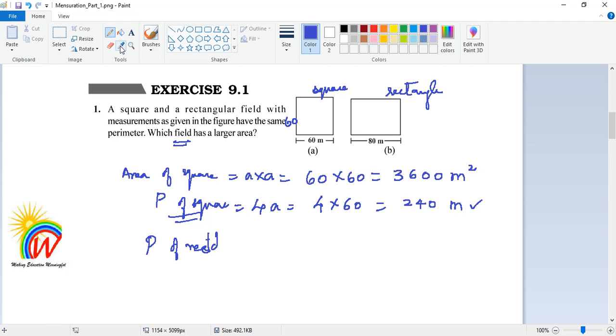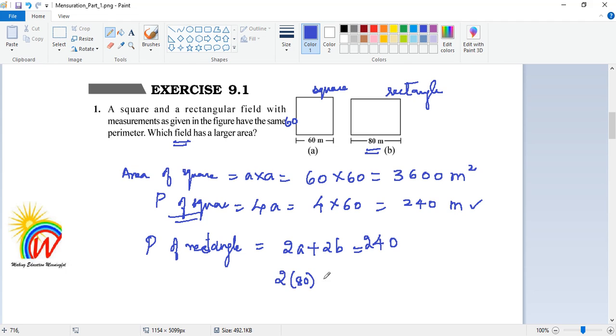Rectangle, also going to be 240 meters. We know the formula for the perimeter of a rectangle is 2a plus 2b, and this is supposed to be equal to 240 meters. We know that one of the sides of the rectangle is 80, so let me take A as 80.